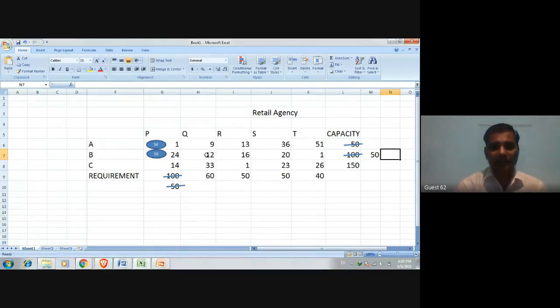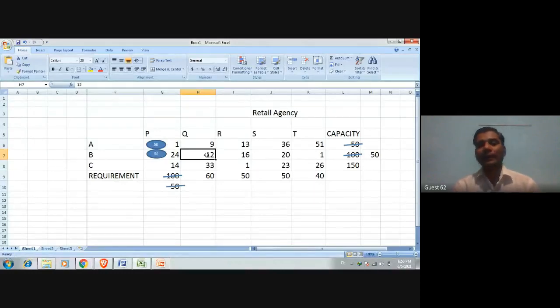Now move ahead in the second column. So how many units can be allocated to the retail agency Q, which is the minimum between capacity and requirement? The capacity is 50 units and requirement is 60 units.